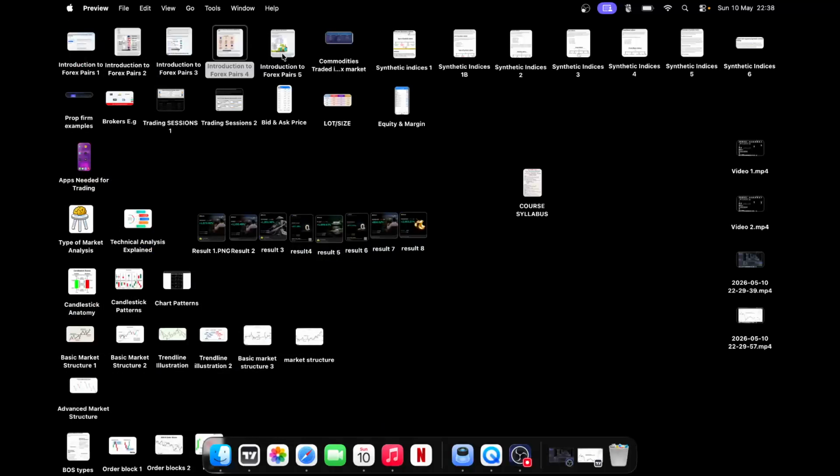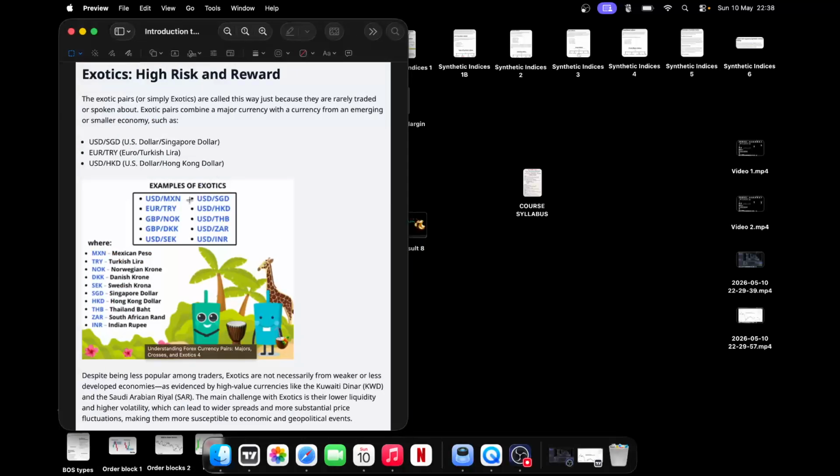Then we have another one referred to as exotic pairs. These exotic pairs are very, very volatile, and they are very, very risky, because the people trading these exotic pairs are not plenty. They are rarely traded, rarely spoken about.